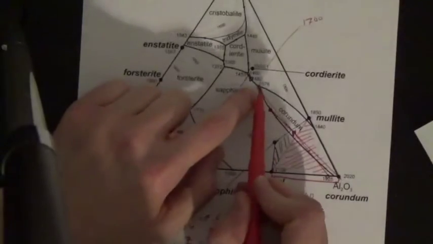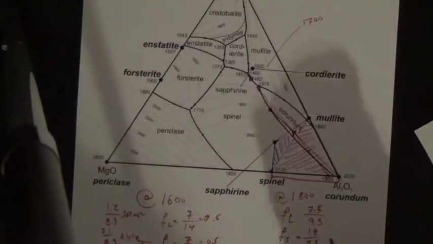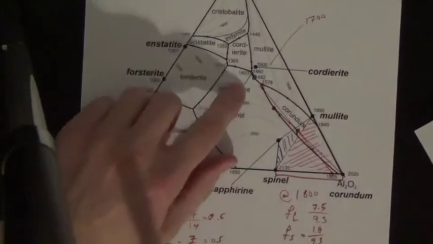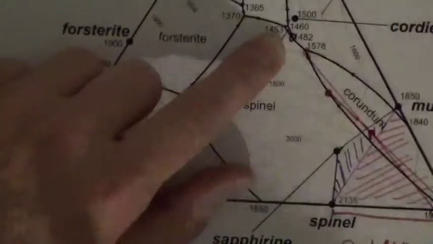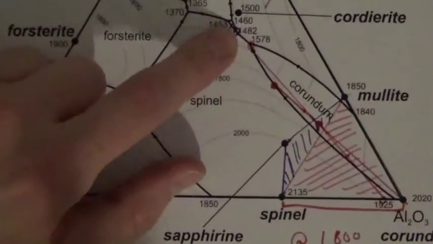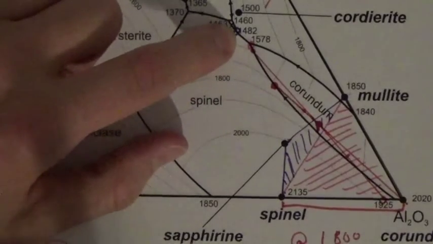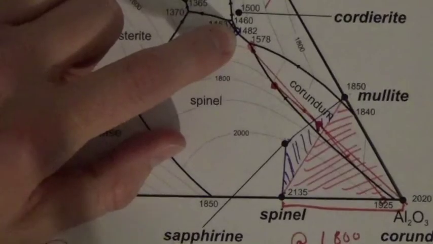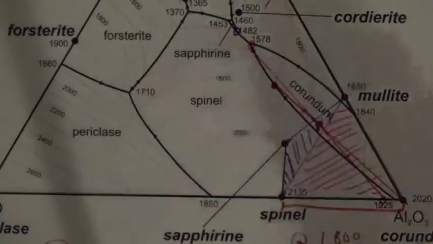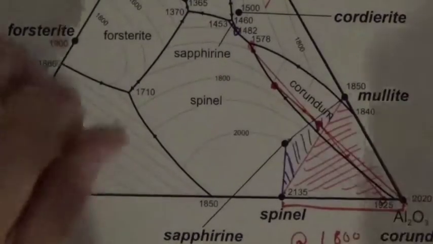Okay, but now we come to the eutectic point. We continue, though, because we have to get down to this eutectic point, and this is not possibly the best diagram to look at, but we're going to work with it anyhow because it's what we've got.